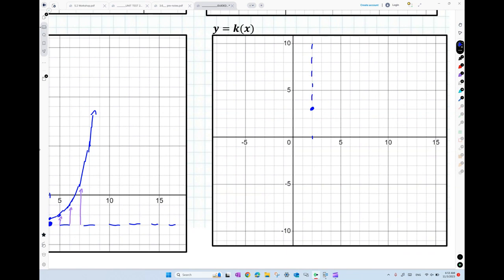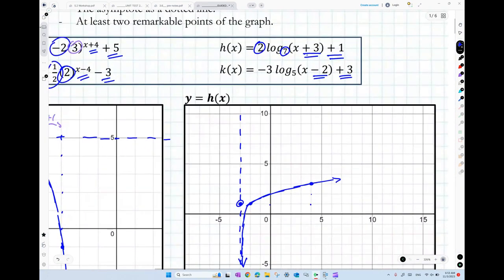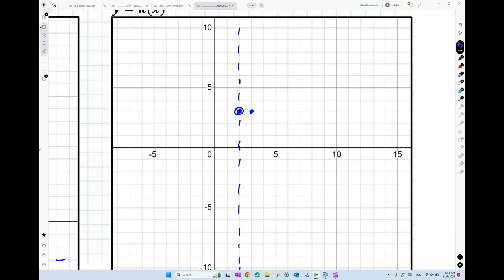Vertical asymptote. 1 point from the point of reference, and for a second point, I will go 5, -3, from this point of reference still. 1, 2, 3, 4, 5, negative 3, 1, 2, 3. And I will have something like this.